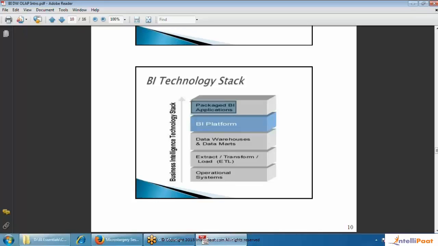I don't know if you have heard of OBIA, Oracle Business Intelligence Applications. I didn't work on this. That is fine. But OBIEE, which is a tool from Oracle, is a BI platform, whereas OBIA is a packaged application. So generally you need a platform to create this.